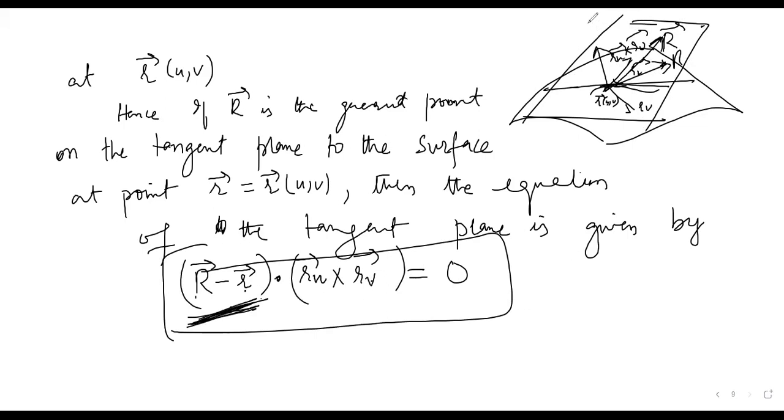Similarly, I can also think of the line that goes through this vector. Any line at this point which passes through this point is normal to this plane, and we call it the normal to the tangent plane at this point. Its equation of course will pass through small r. So let me write the definition.